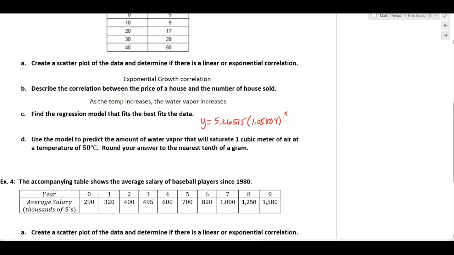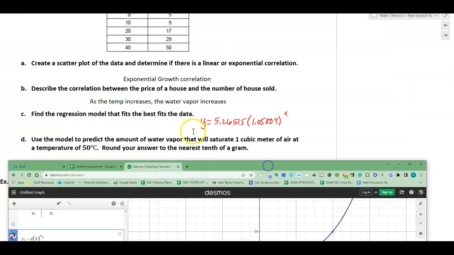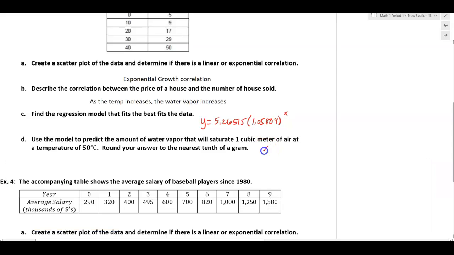Well, for this one, I can plug that x value in. I can let x equal 50 and plug that in.